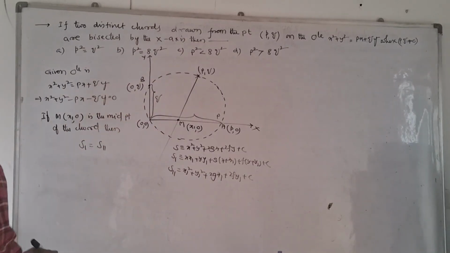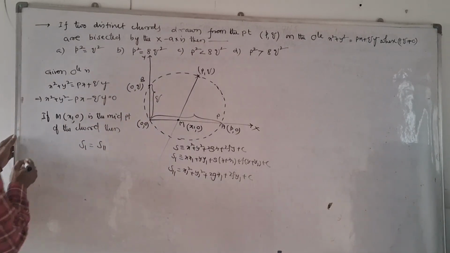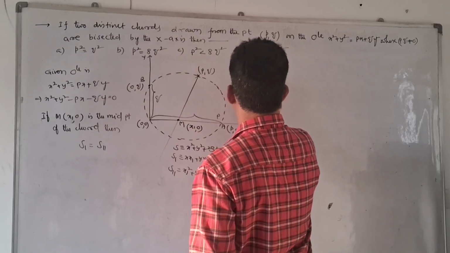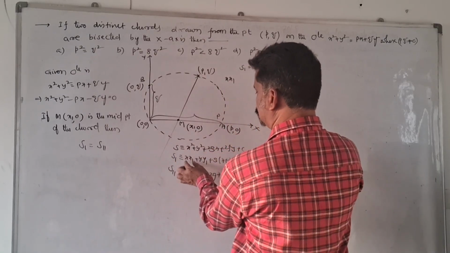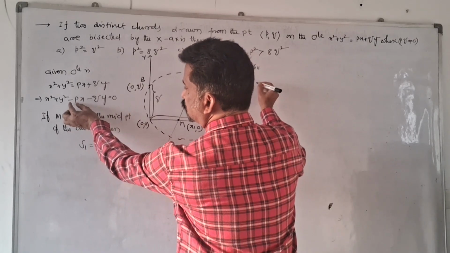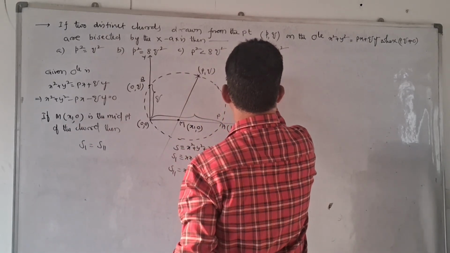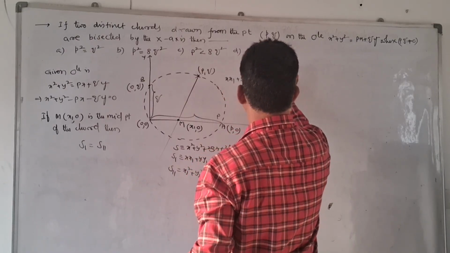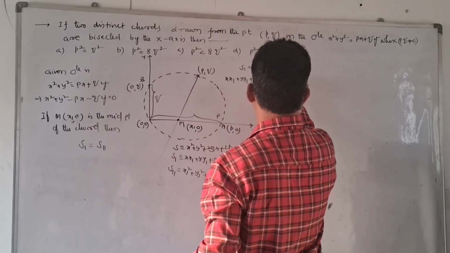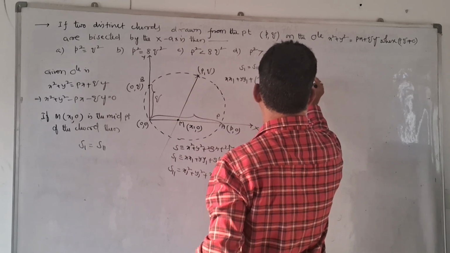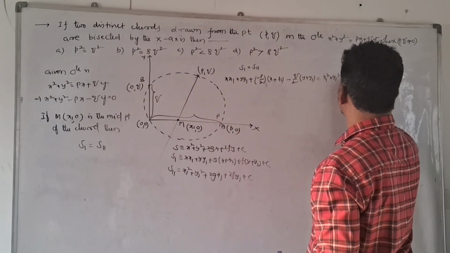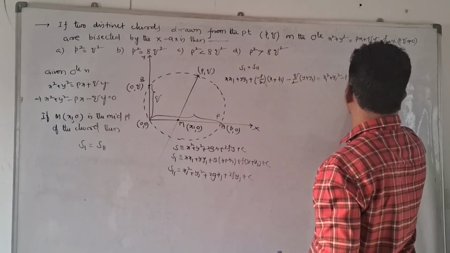S1 is equal to S11, right? Now this implies x x1 plus y y1 plus, now 2g is equal to minus p, so this one is minus p by 2 into (x plus x1) minus q by 2 into (y plus y1) is equal to x1 square plus y1 square minus px1 minus qy1.